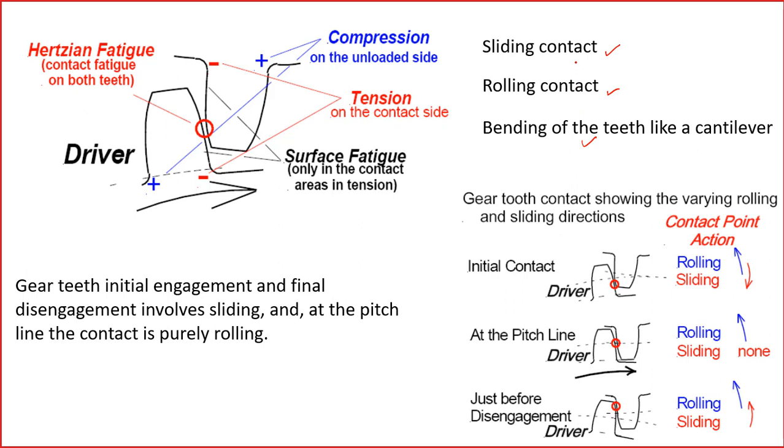Sliding contact will cause different types of wear: adhesive wear, abrasive wear, third body wear, as well as some surface fatigue. The rolling contact will also cause surface fatigue because of the Hertzian pressure or Hertzian stress.